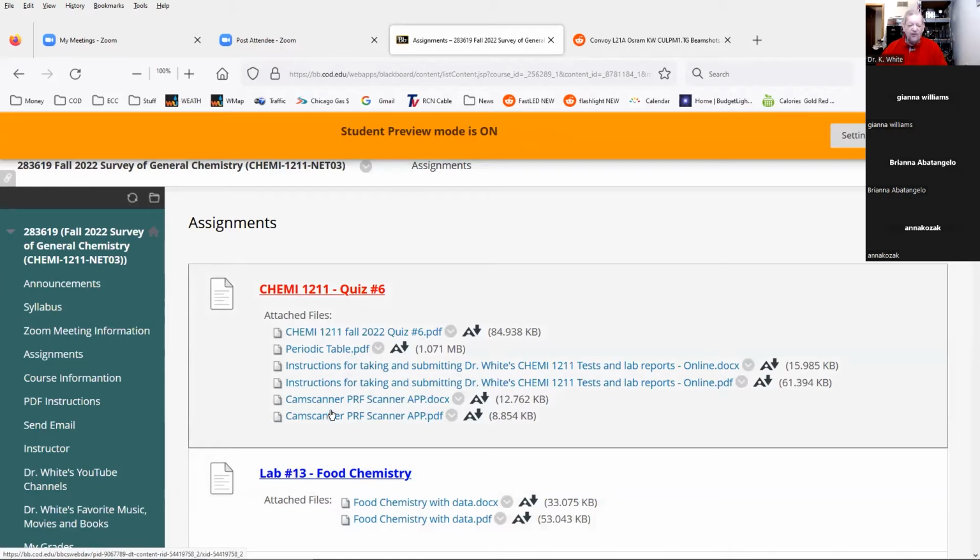And here are the instructions I've been using all semester, plus, if you haven't used it, CamScanner in case you need it. I know a number of your colleagues have used it, and it looks like it's working out well. So once again, don't forget, tomorrow after class, I will send out the password for quiz 6.